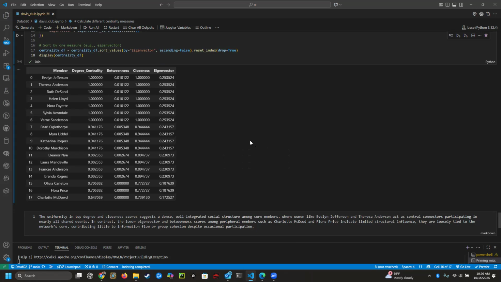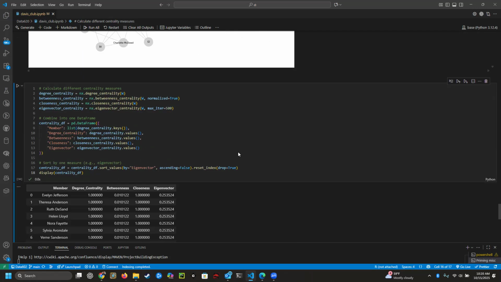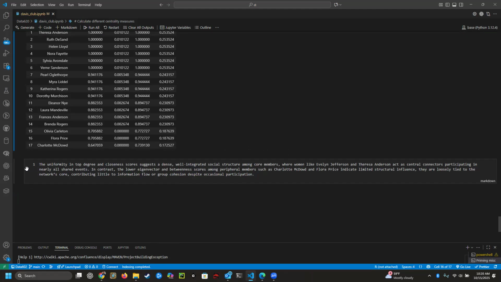And I think my final thoughts are explained in this markdown cell. So the uniformity in the top degree and closeness score suggests a dense, well-integrated social structure among core members, which is true.